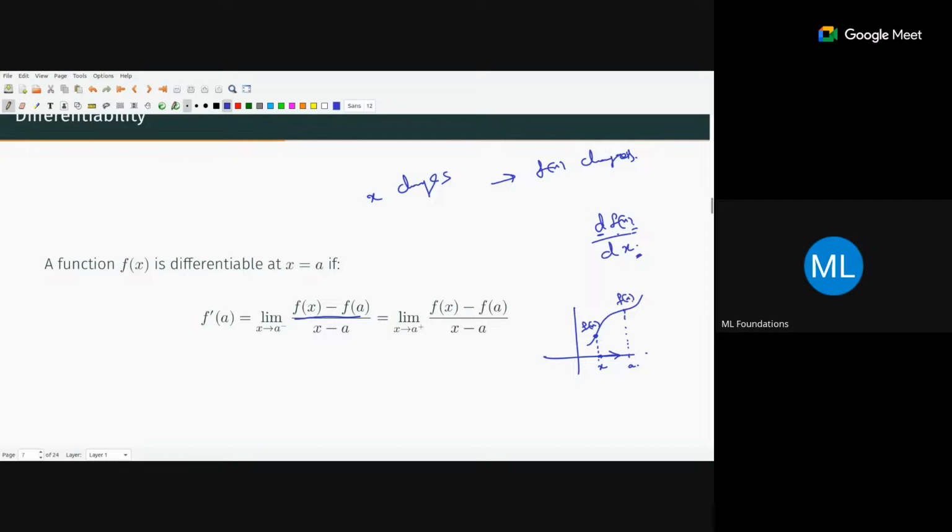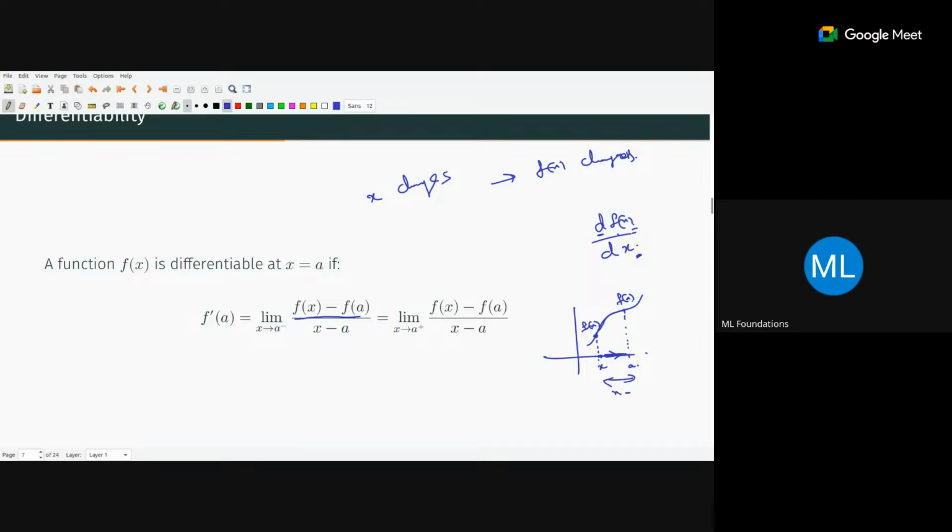The difference between x and a is the change in x, and the difference between f of x and f of a is the change in the function. So it is the rate of change of f of x with respect to the rate of change of x.